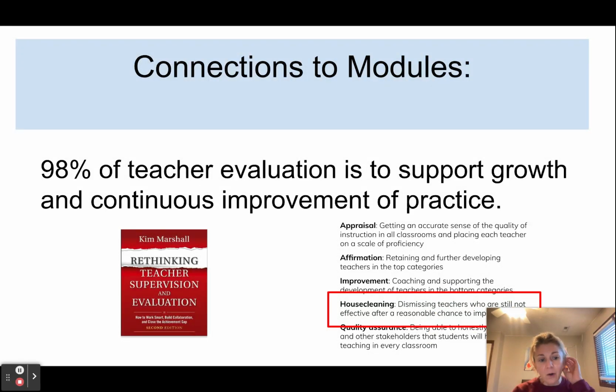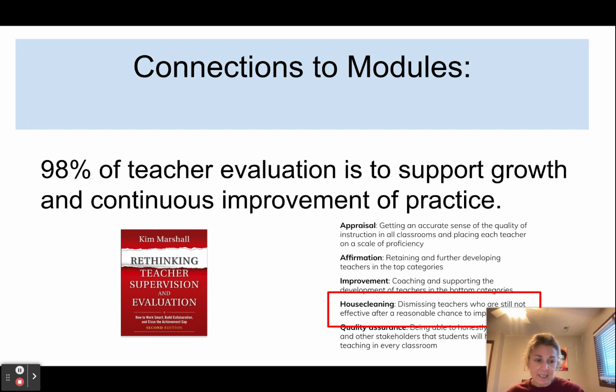And this is how Module 8 connects to the early modules. So, really, we'll go back to modules 1 and 2, where we spent time looking at the purpose of intervention. And 98% of teacher evaluation is used to support teacher growth and continuous improvement of practice.